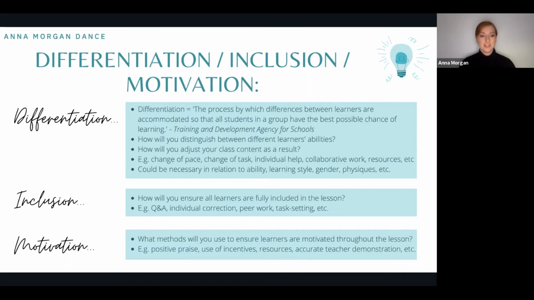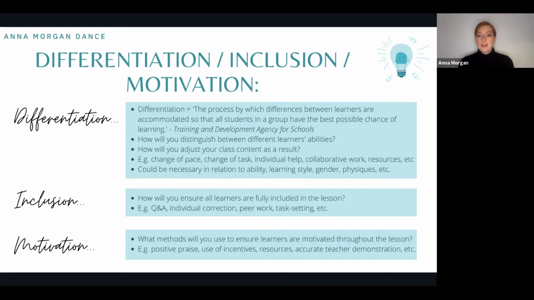So that's differentiation. Inclusion: how are you going to ensure that all your learners are fully included in the lesson? It's very easy to have your real bolshy, confident little kids up at the front, or teenagers up at the front that want to answer every question, and your slightly more shy or unsure students or newer students kind of cowering at the back. So how do we make sure that everybody has participated?